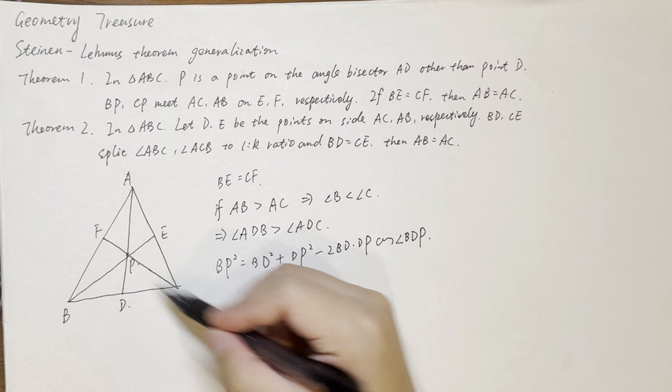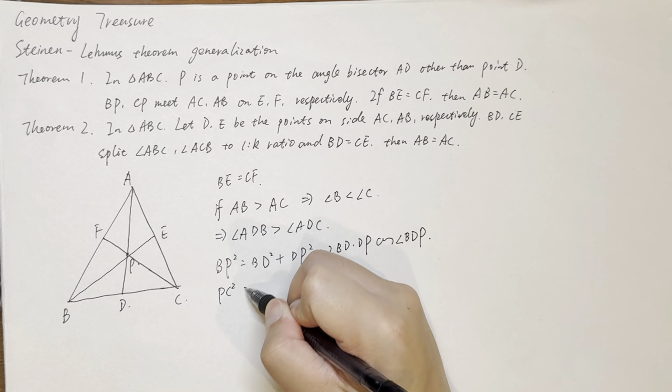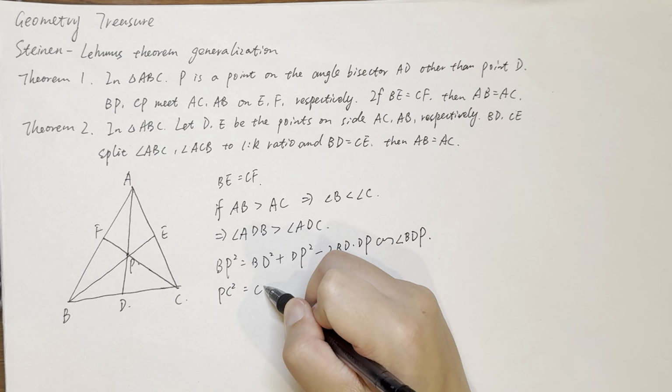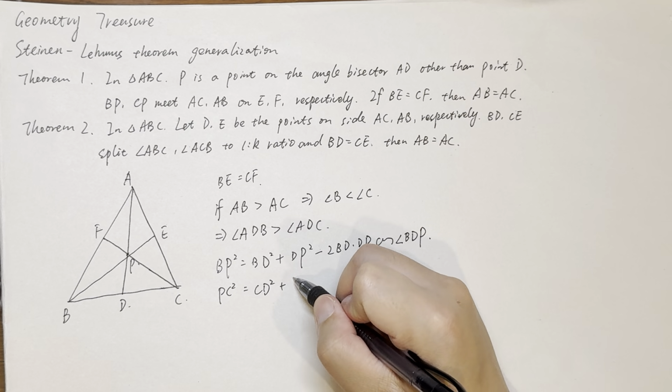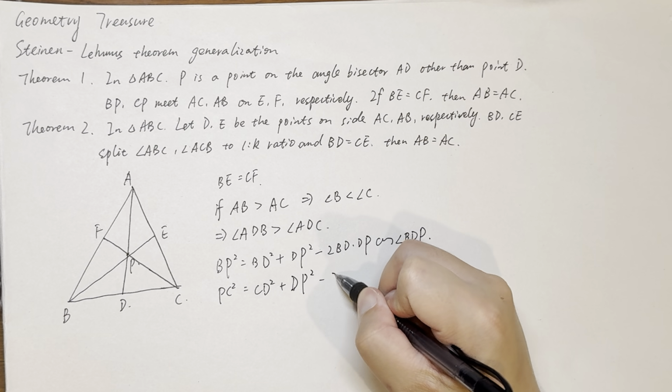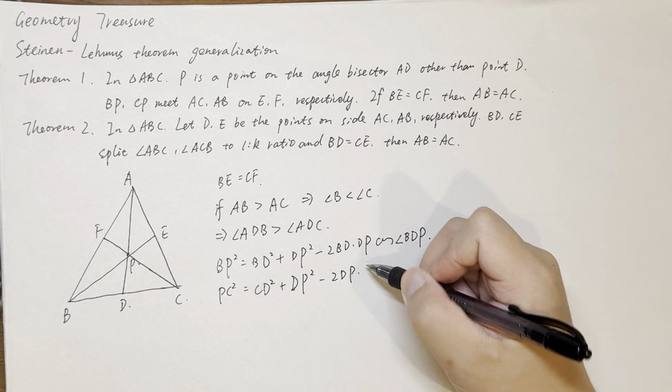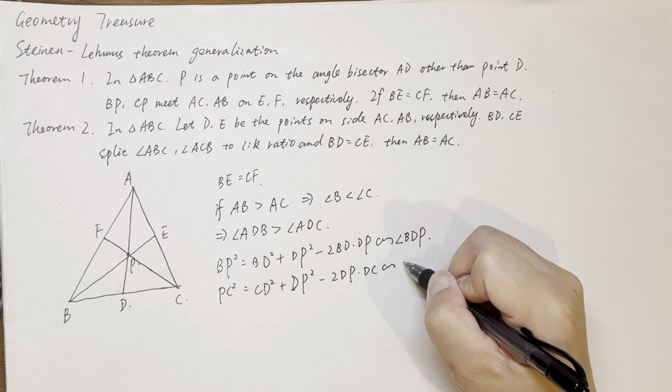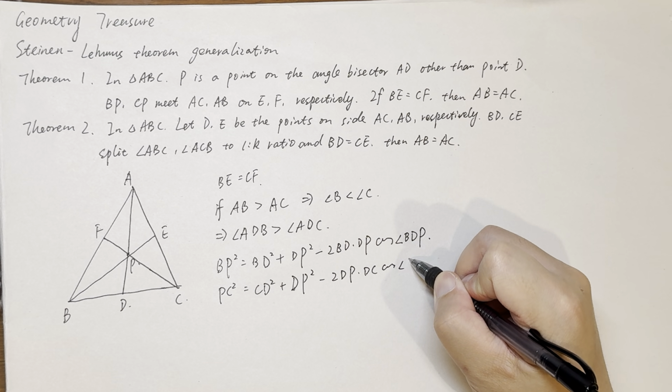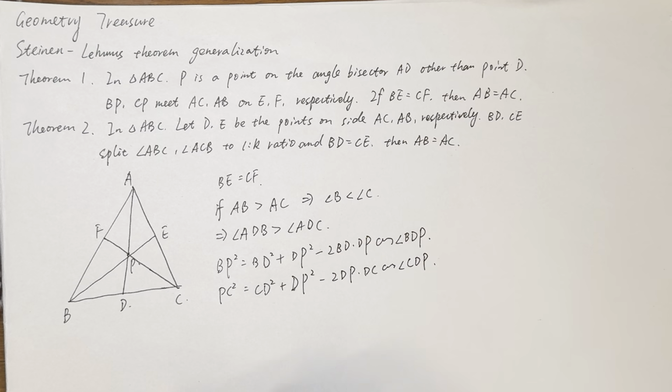And for PC, we know that PC squared equals CD squared plus DP squared minus 2 DP DC cosine angle CDP.